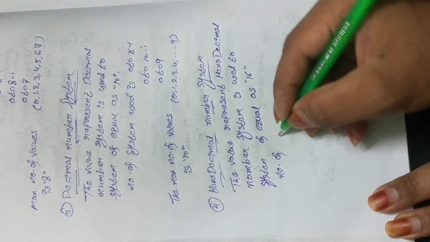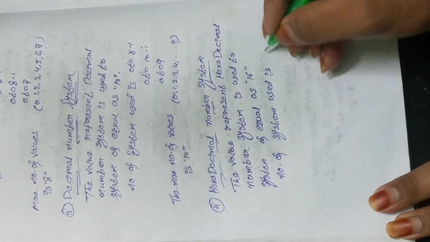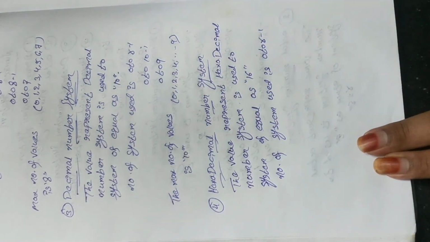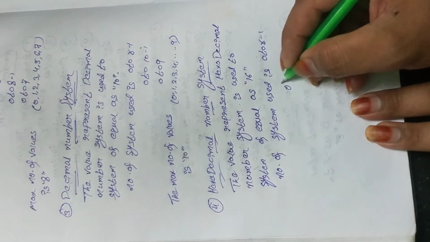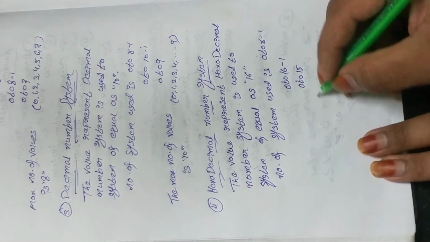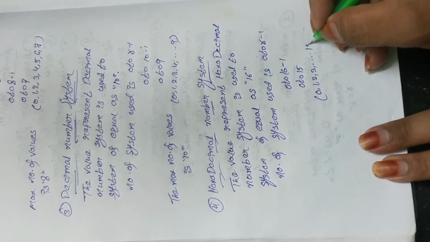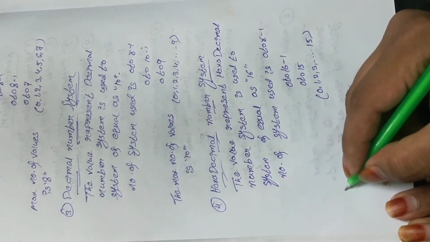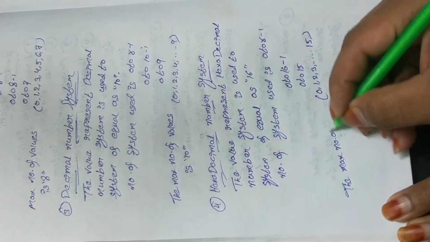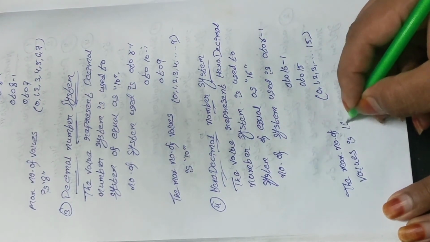Number of digits used is 0 to r minus 1. Here r equal to 16. 0 to 16 minus 1, 0 to 15. That means 0, 1, 2, 3 and so on up to 15. The maximum number of values is 16.